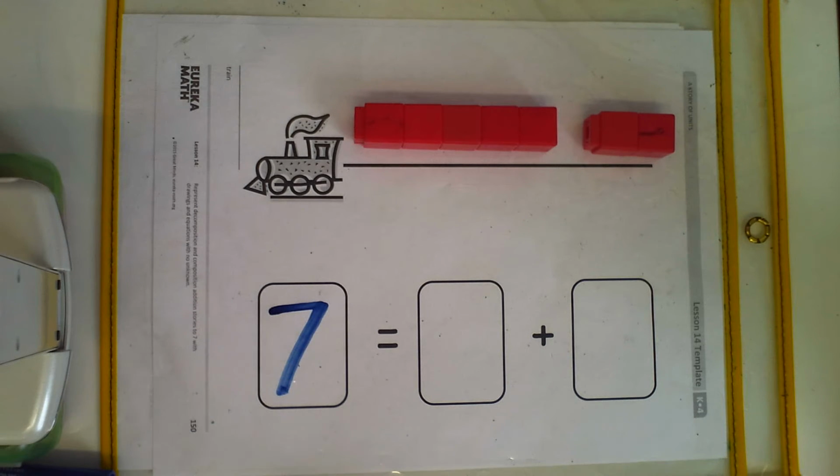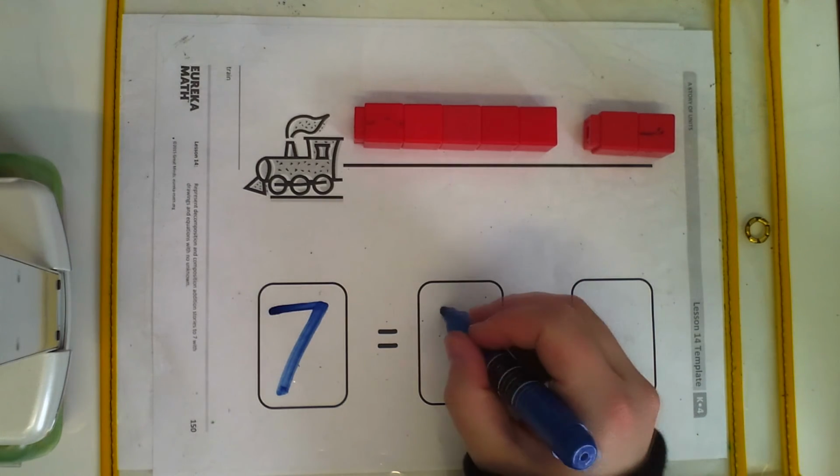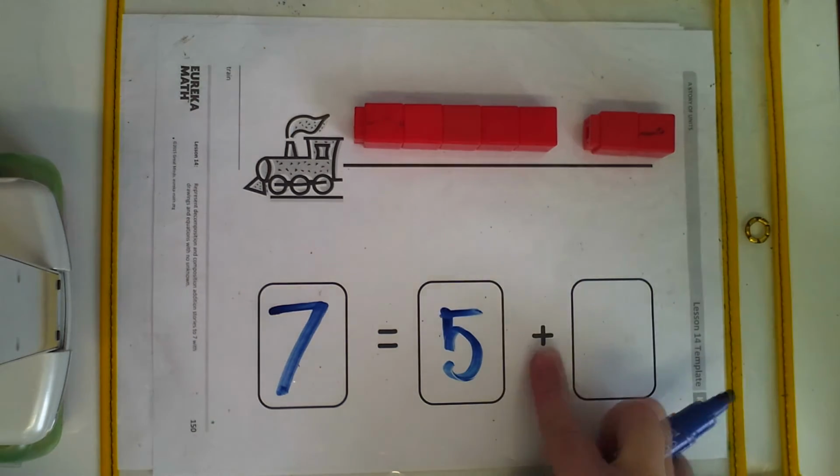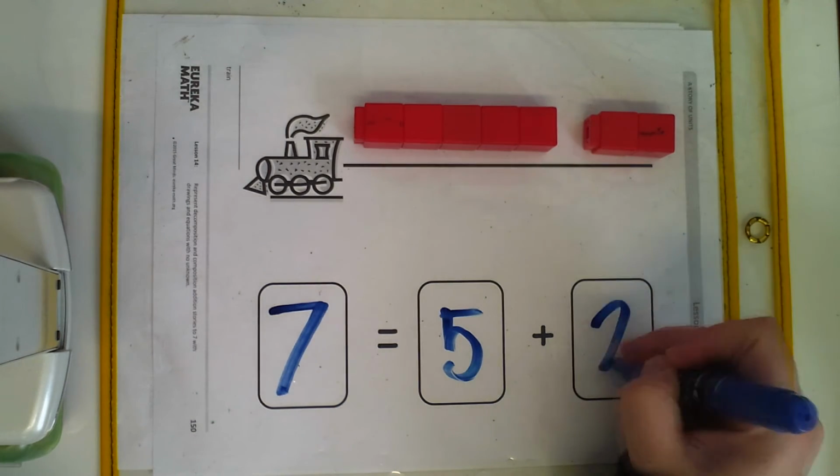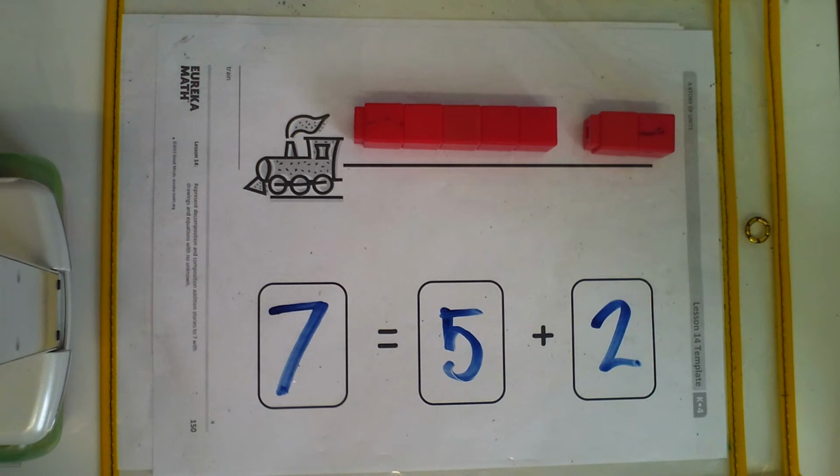All right. So we have 7 is the same as, what is it the same as? Yeah, 5 and 2. Okay.